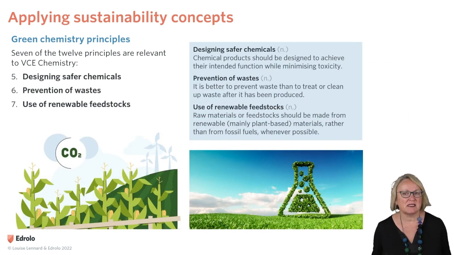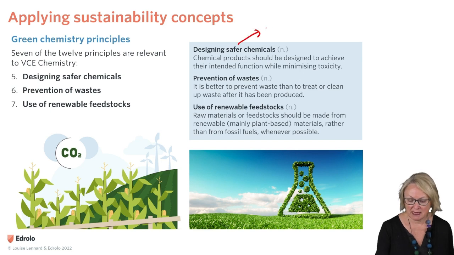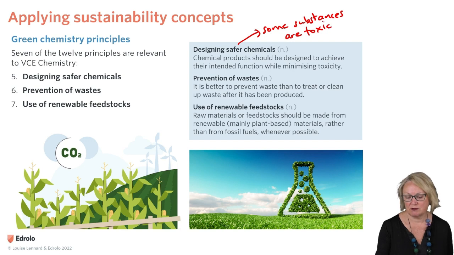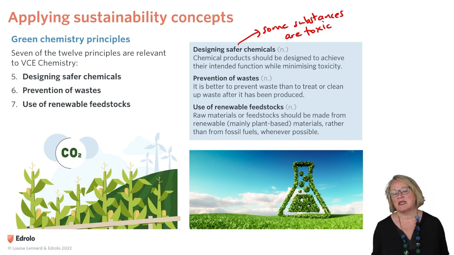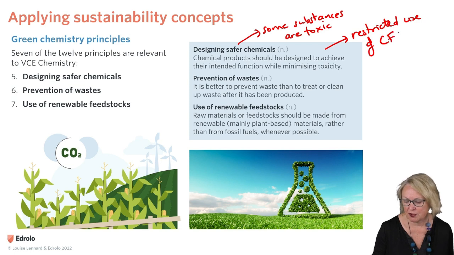The next is designing safer chemicals. Unfortunately, some chemicals or some substances are toxic. So we want to replace these. And an example was restricted use of chlorofluorohydrocarbons or CFCs, which can damage the ozone layer.